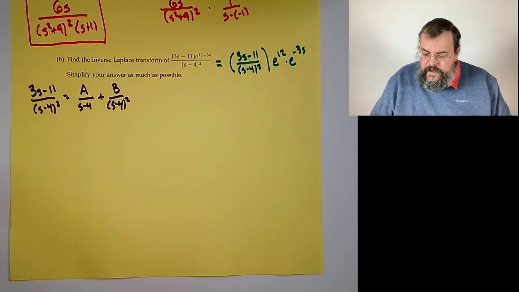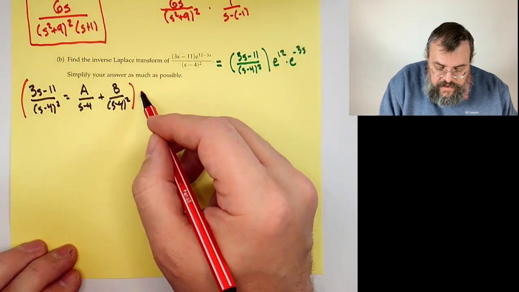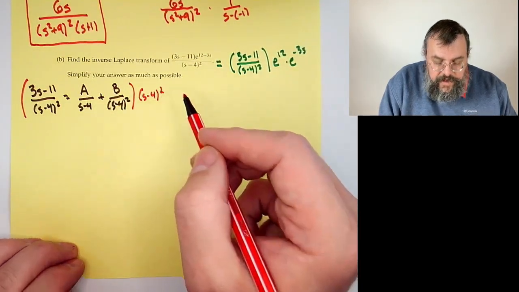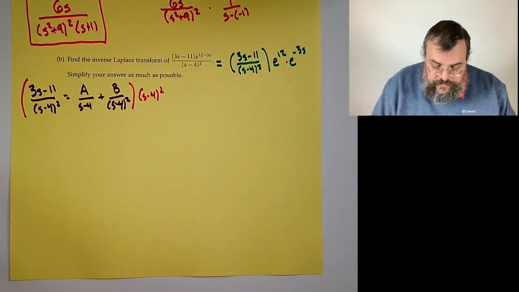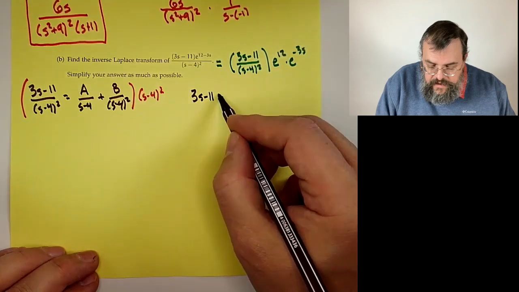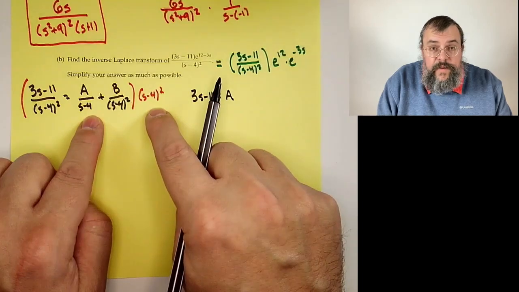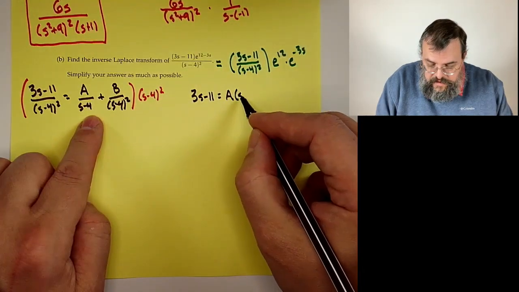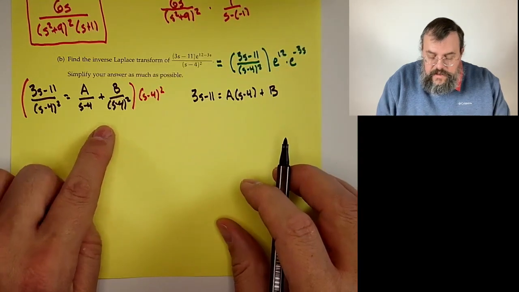And so to help clear our denominators, we would multiply both sides by this quantity (s minus 4) squared. And doing that leads us to the following equation. 3s minus 11 is equal to A, and then here, one s minus 4 will cancel. And then in the second one, they both cancel.